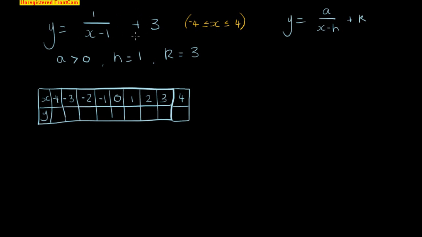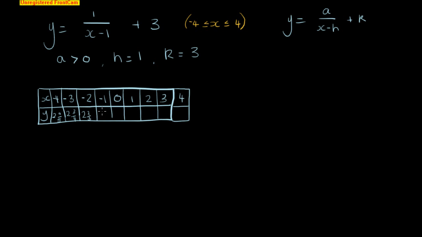I'm not going to do all of that because it's going to take forever, but the results are: if x is negative 4, y is 2 and 4 fifths; negative 3, 2 and 3 quarters; negative 2, 2 and 2 thirds; negative 1, we get 2 and a half.